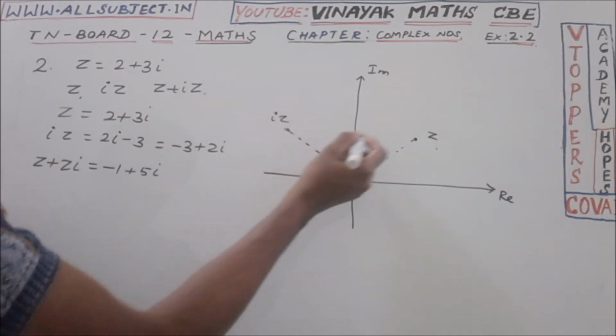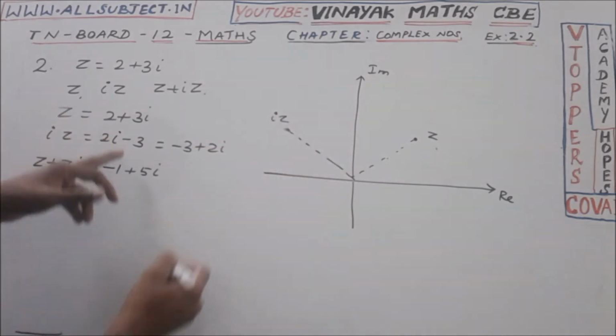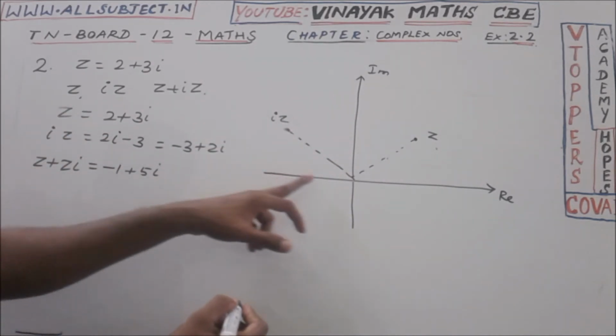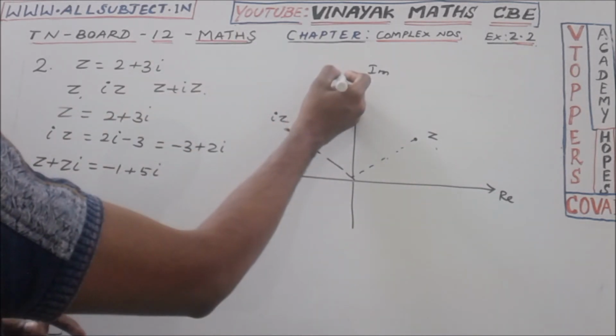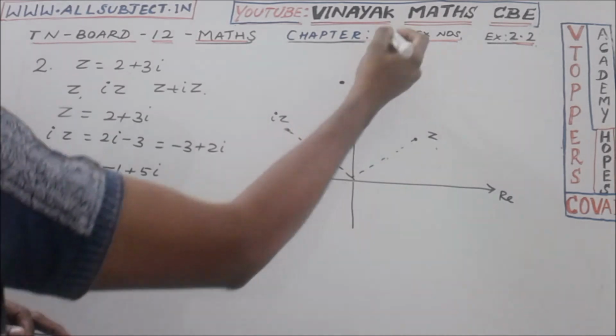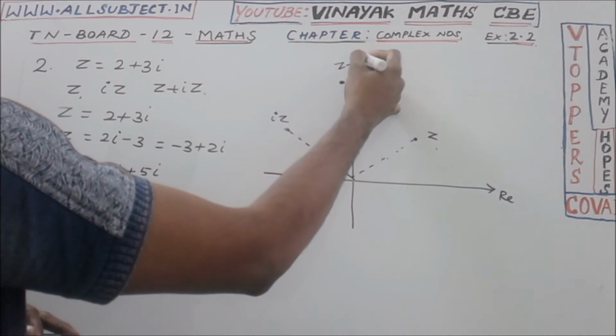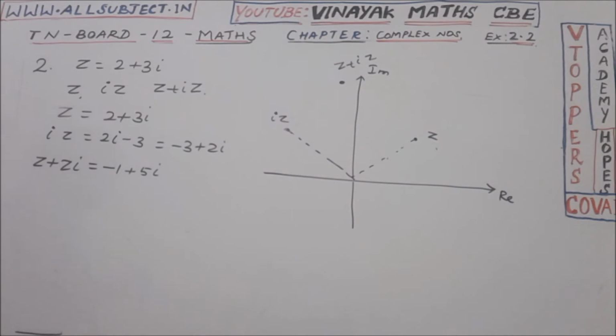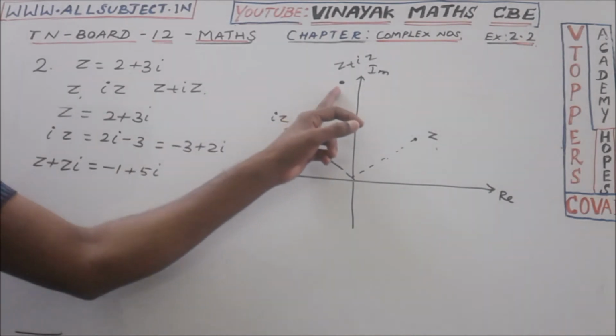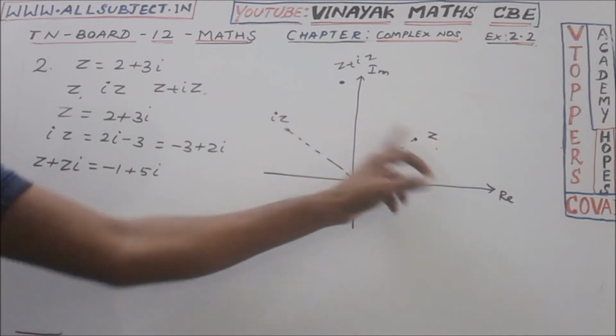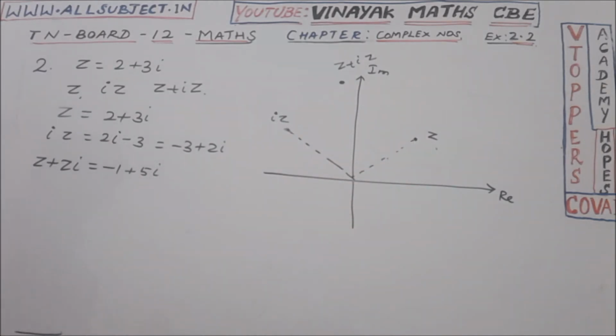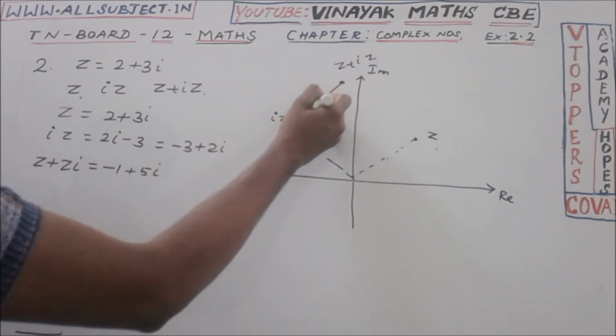Now joining these two. Now z plus iz represents minus 1 plus 5i. Let it be here somewhere. This is z plus iz, because the sum of two complex numbers, with the origin and these two complex numbers, will form a parallelogram. So we can join these three.